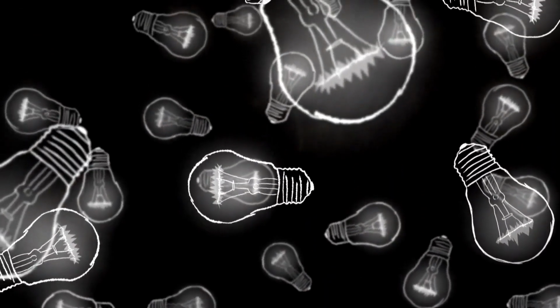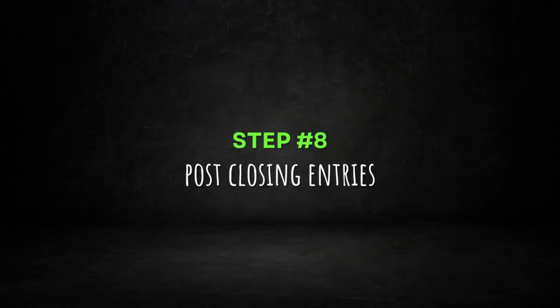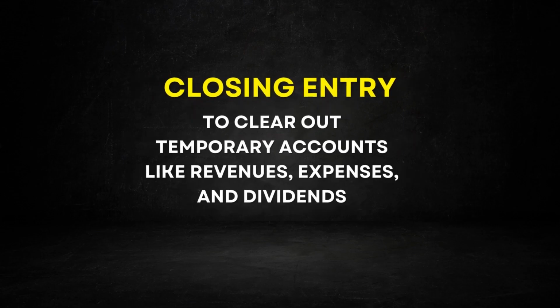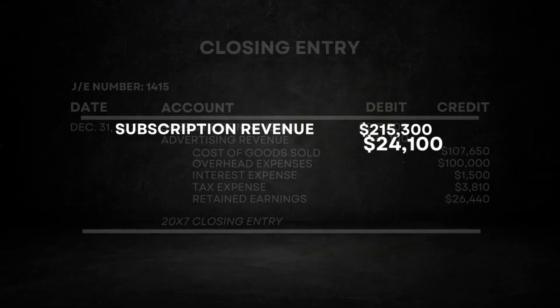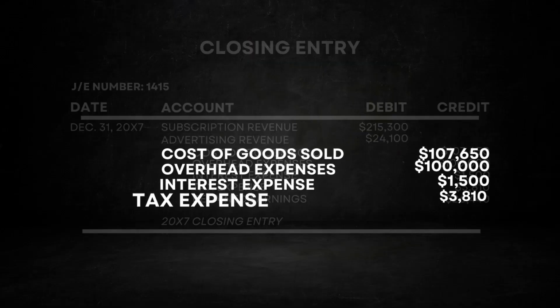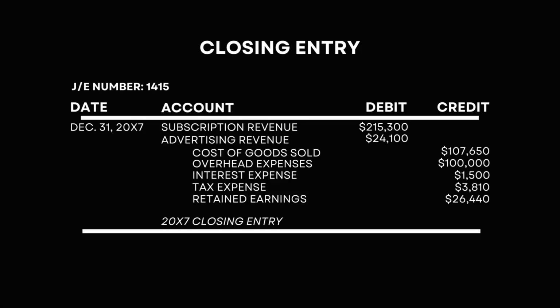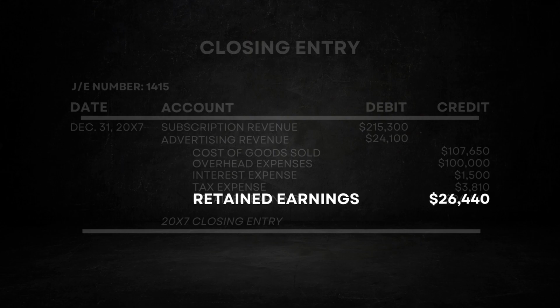After preparing the financial statements, you need to post closing entries to clear out temporary accounts like revenues, expenses, and dividends. The closing entries involve debiting revenue accounts and crediting expense accounts. The remaining balance, in this case $26,440, is transferred to retained earnings in the equity section of the balance sheet.